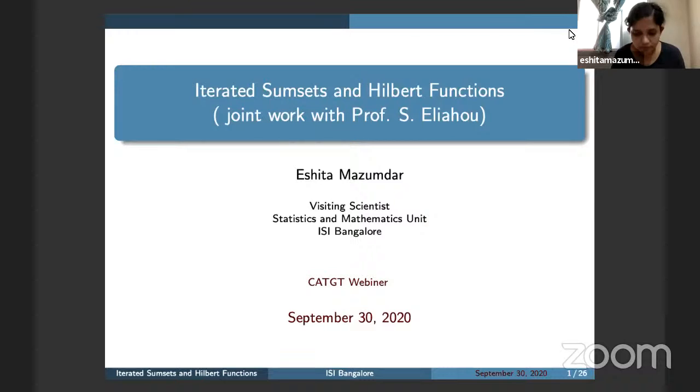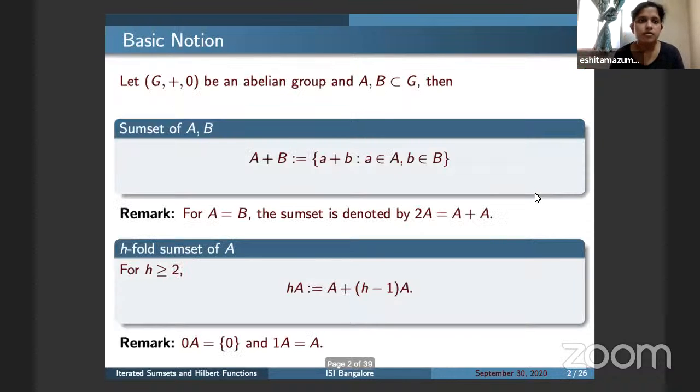Before starting the talk, let me take some usual conventions. Whenever I say a group G, it means an abelian group. The structure imposed on it is an additive structure, with 0 being the identity element of the group.